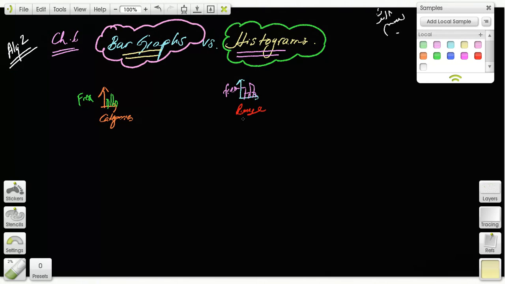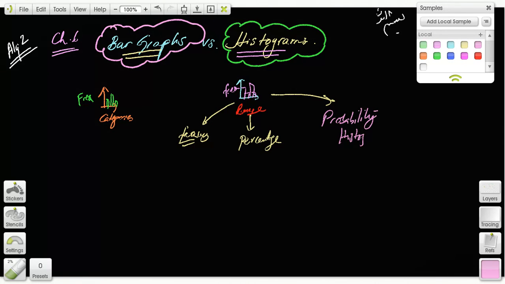And among the histograms, we talked about different types of histograms, including just plain frequency histograms, and we talked about percentage histograms. And then we talked about, very importantly, a probability histogram. The probability histogram was of particular interest to us for the remainder of this chapter.